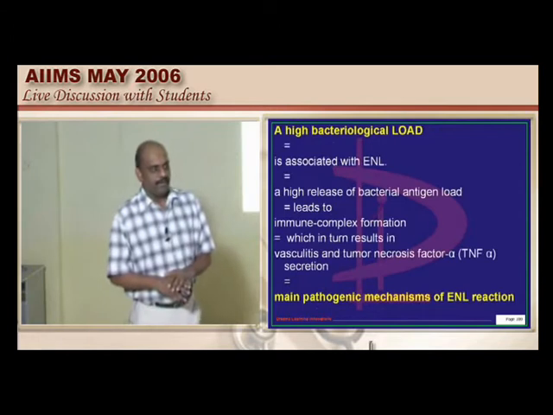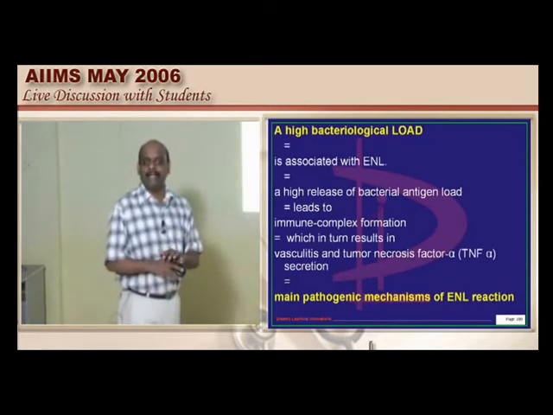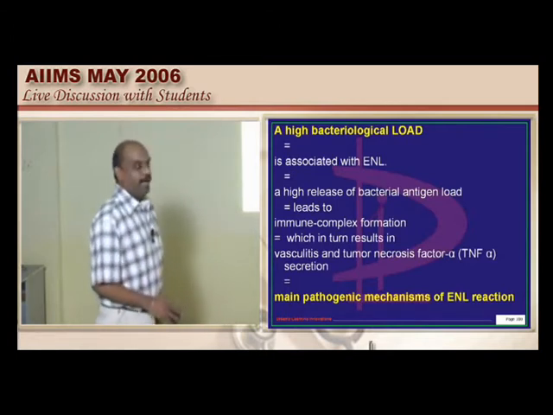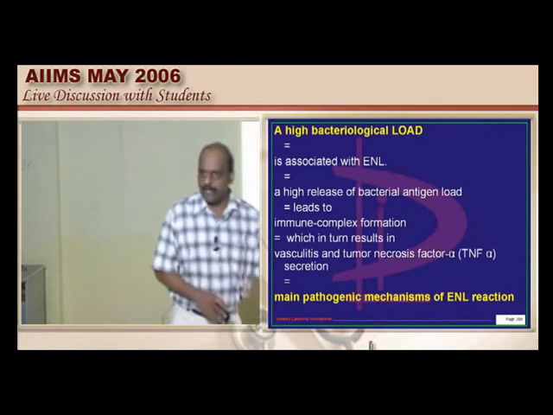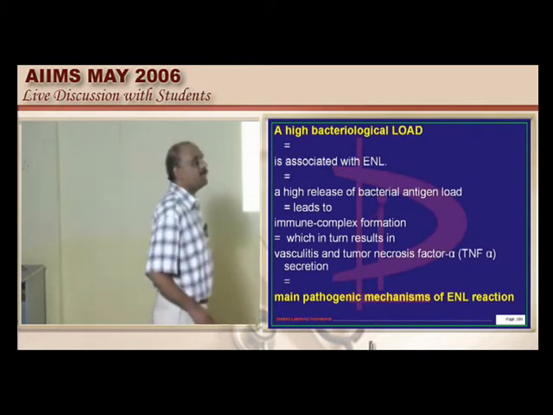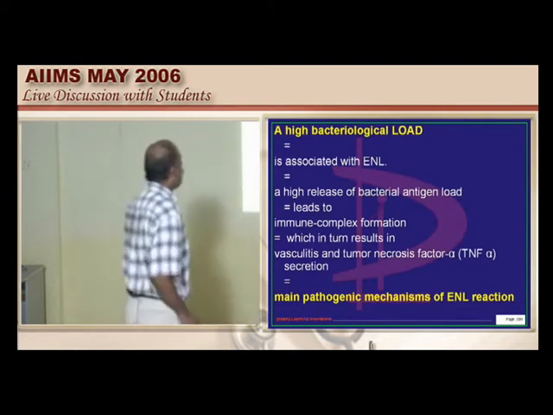Now, in a given case of erythema nodosum leprosum, basically, there is a very high bacteriological load. And whenever you have initiated the treatment, all these bacteria are dying and they are releasing a lot of antigen load. Because of that antigen, there is an immune complex formation.